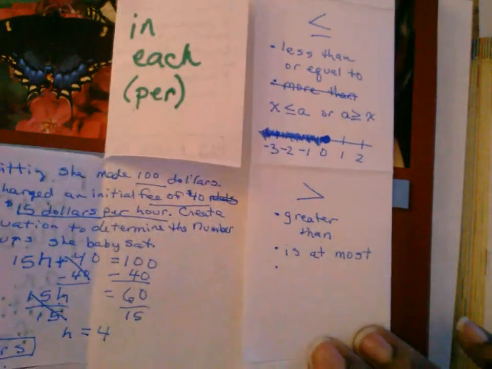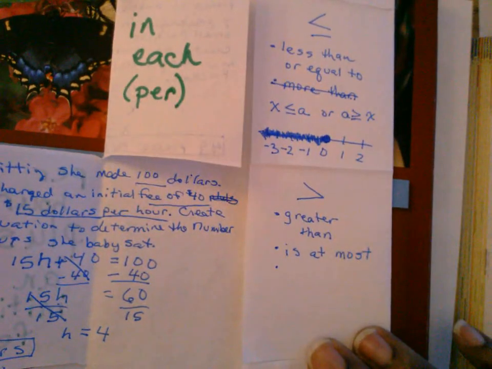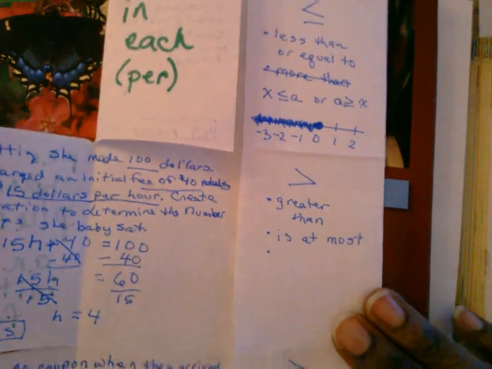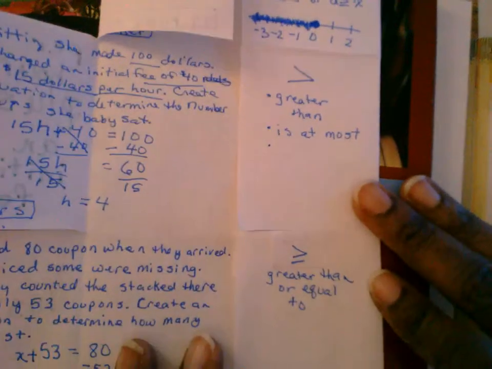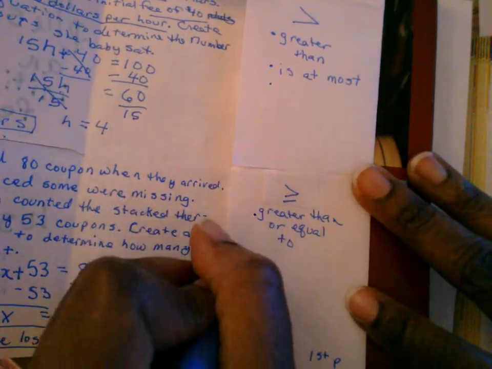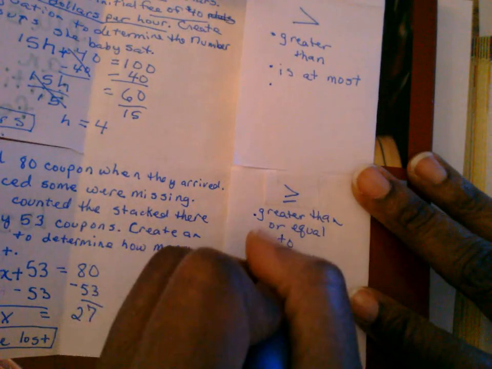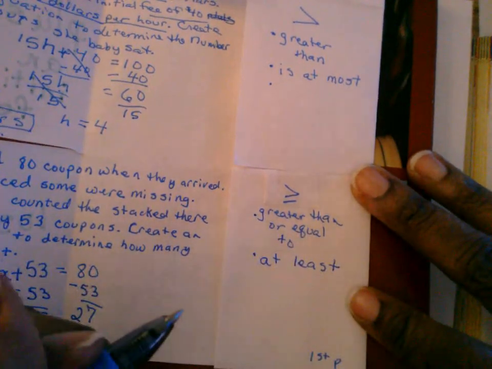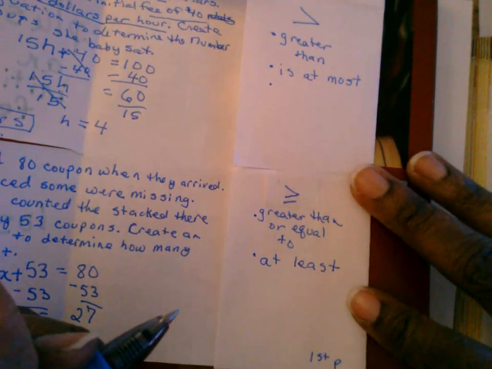We need words like at least or minimum. Where would we put at least? Greater than or equal to? Where would we put no more than? Okay, so let's change this one to no more than.